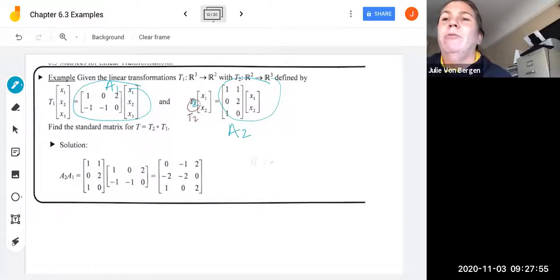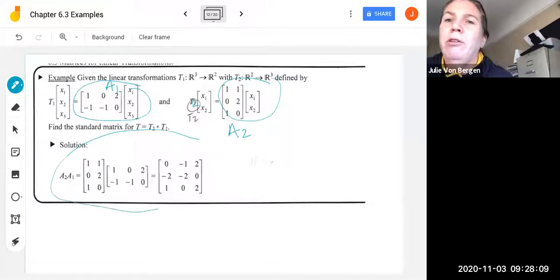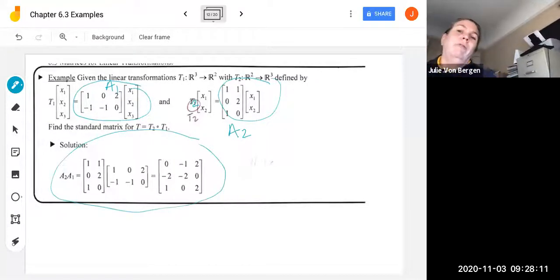And since T2 maps from R2 to R3, A2 is a 3 by 2 matrix. We want to find the standard matrix for T, which is T2 composed with T1. So we just multiply. A2 times A1 is going to give us a 3 by 3 matrix that corresponds with the composition of functions.